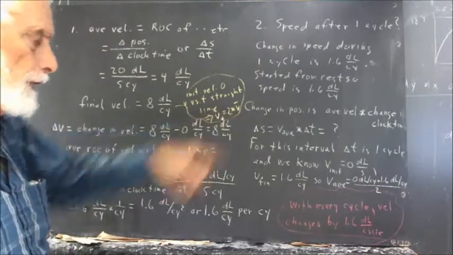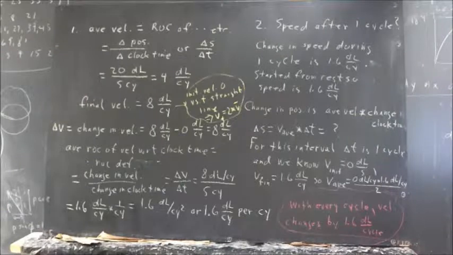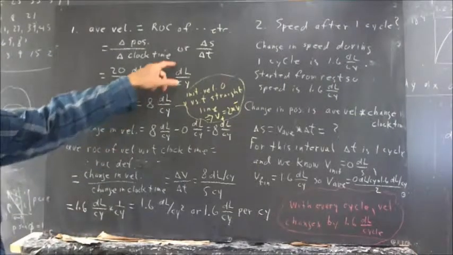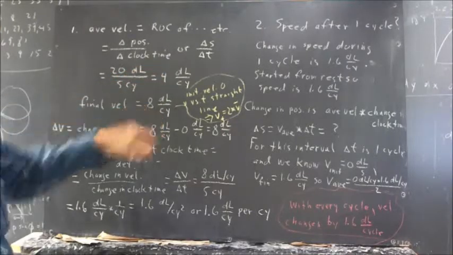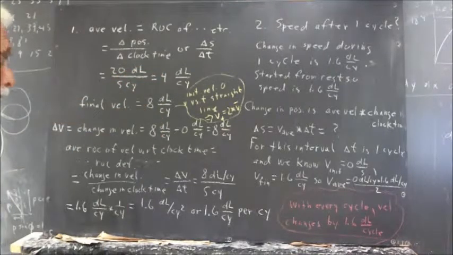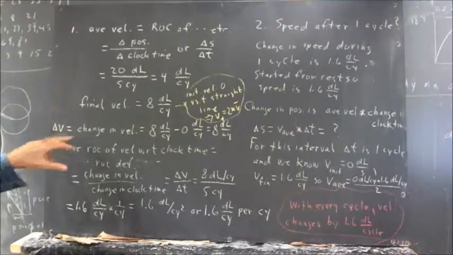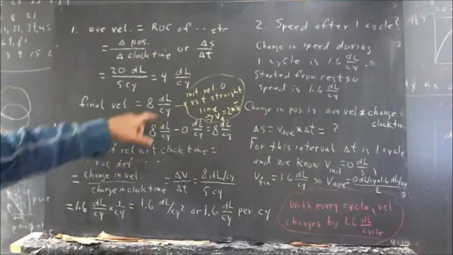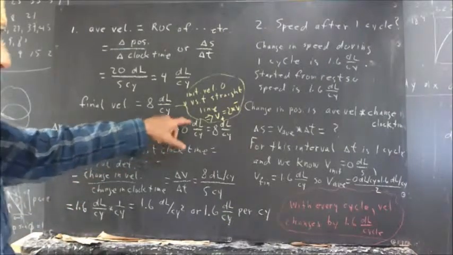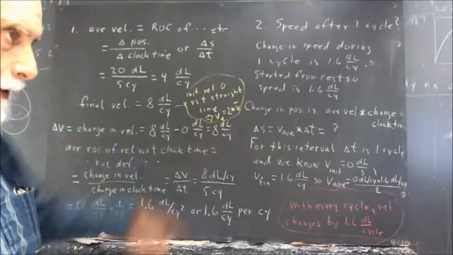The final velocity is double the average velocity. So the average velocity being 4 domino lengths per cycle, the final velocity is 8 domino lengths per cycle. In this case then, delta v, which stands for a change in velocity, is 8 domino lengths per cycle minus 0 domino lengths per cycle, or 8 domino lengths per cycle.